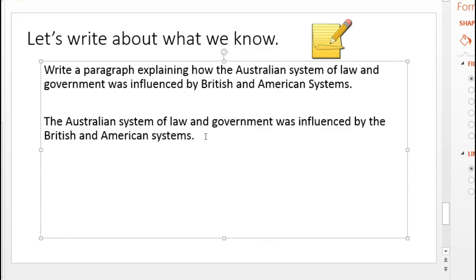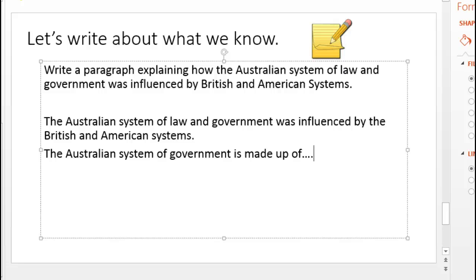So next we just need to explain very briefly what the Australian system of government is. So we can start that by saying the Australian system of government is made up of. Now this is where you will explain what the Australian system of government is made up of.